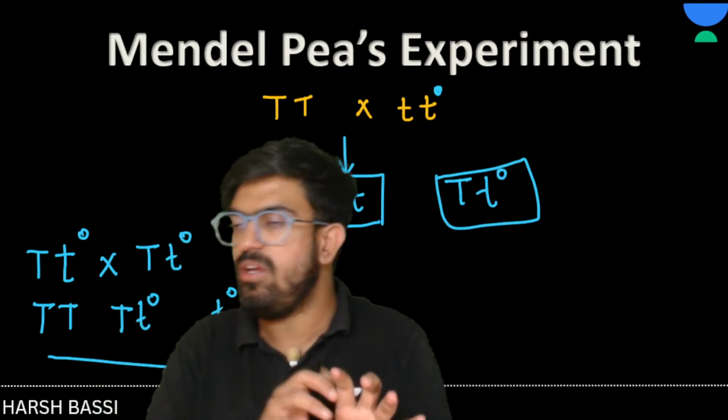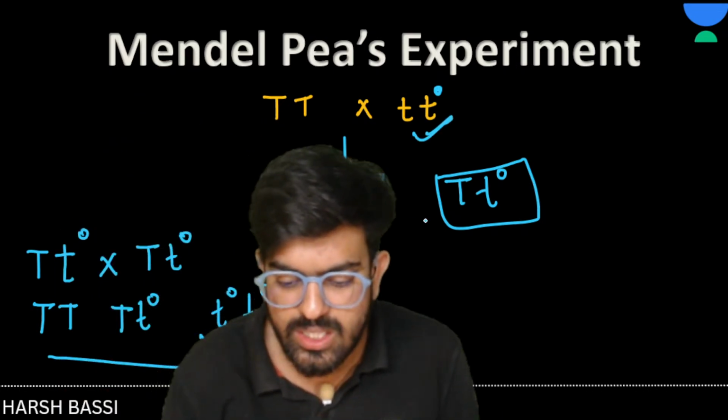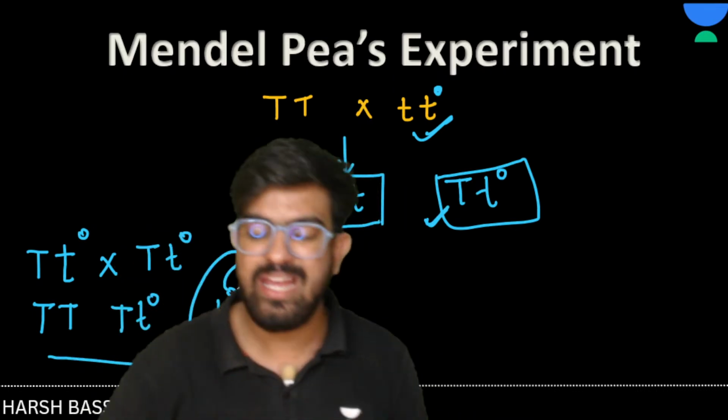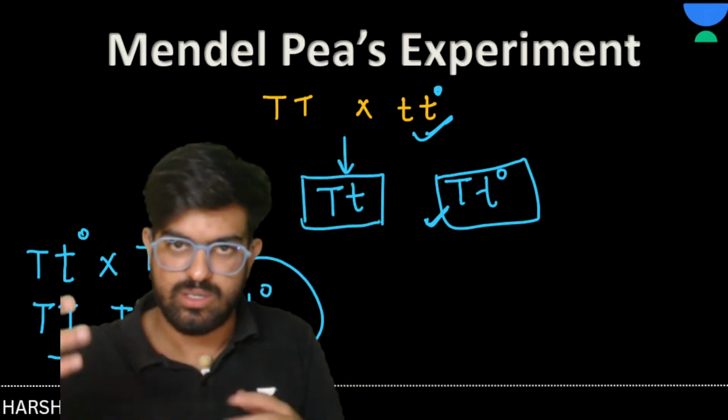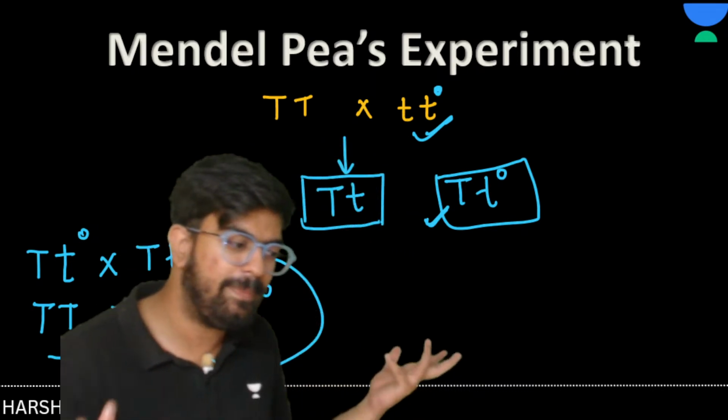The defective gene was somewhere hidden. In this case, it was hidden. But it came out in other generations, right? So this is basically what we are going to do in pedigree.